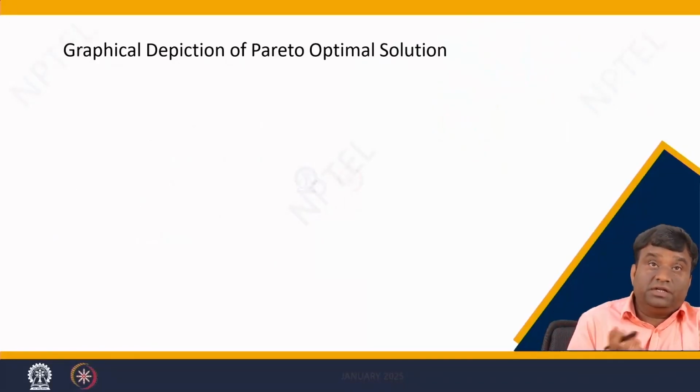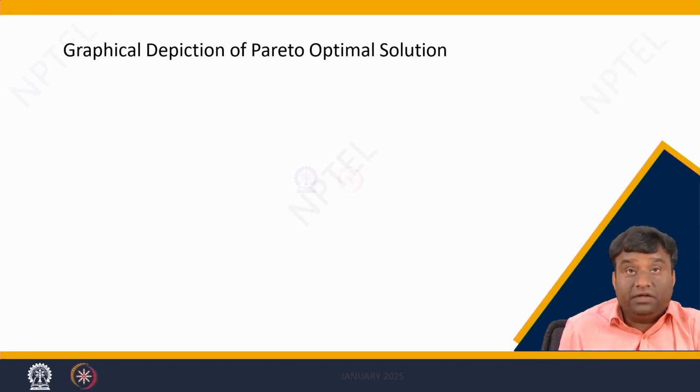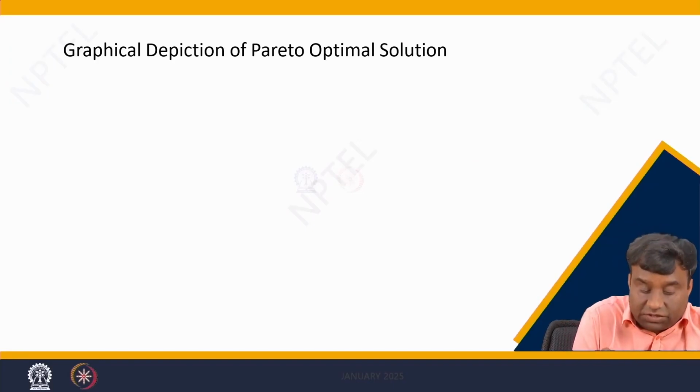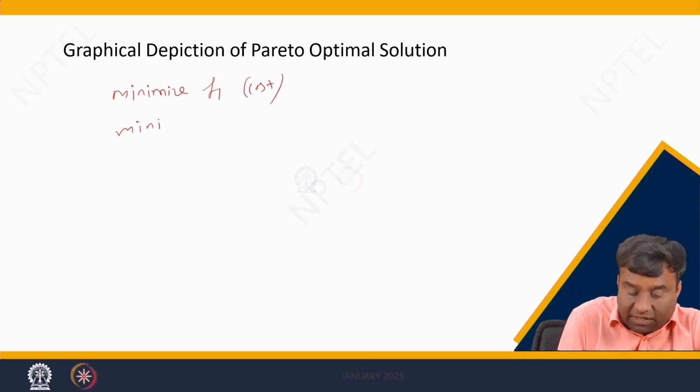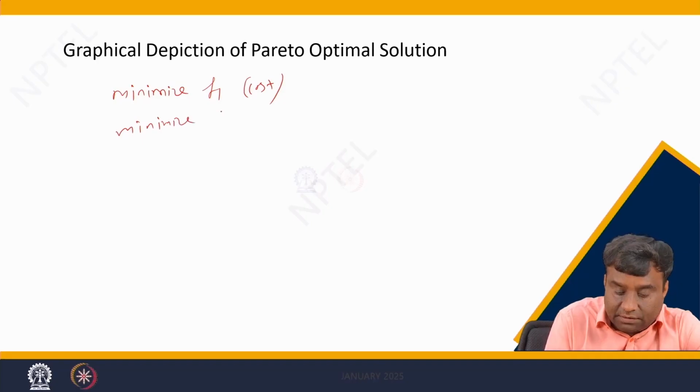So now try to understand the graphical depiction of the Pareto optimal solution. Suppose you are solving a question which is to minimize F1, which represents something like cost. You have seen the example, minimize F2, which is also the time, you can say.